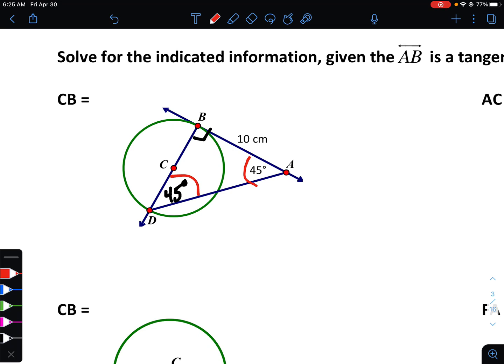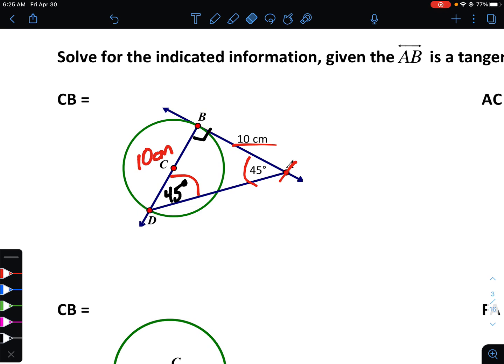What that means is then that the two sides which correspond are also congruent, meaning that if one of those sides is a length of 10 centimeters, then the other side, the diameter for our circle, also has to be a length of 10 centimeters.